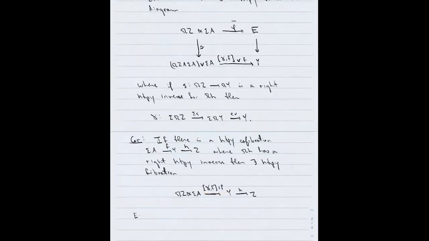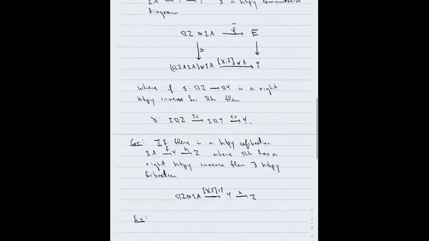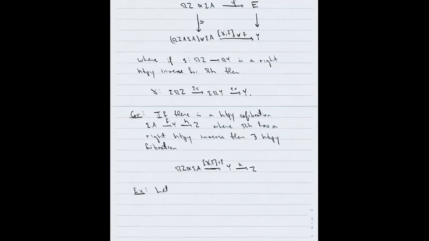So for example, if we go to this class of Poincaré duality complexes that we've been looking at, we'll let M be one of these n-dimensional Poincaré duality complexes.